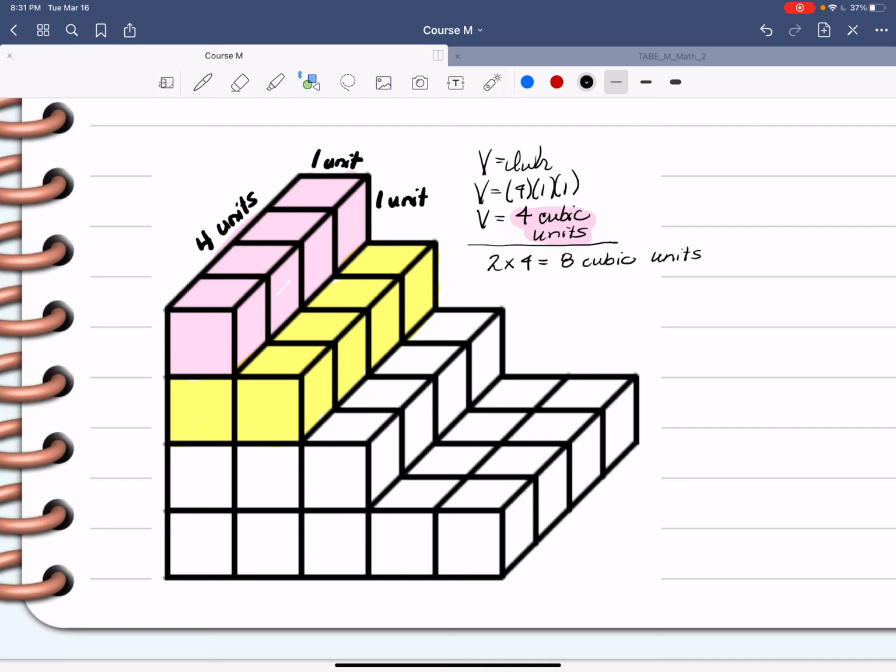Okay, let's come on down to the next step, which has, you get the idea, there's 1, 2, plus 1 more, 3 cubic units by 4 this direction by 1 thick, or you could just say 3 times 4. There are 3 of those towers, so that's 12 cubic units.